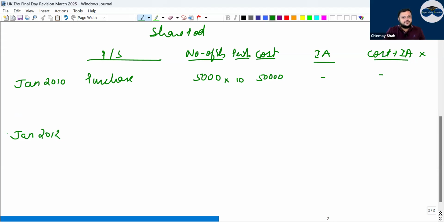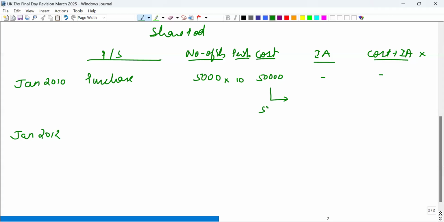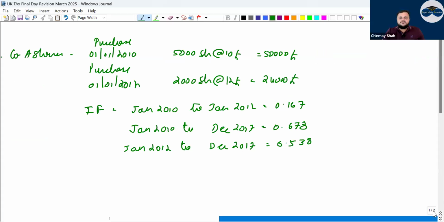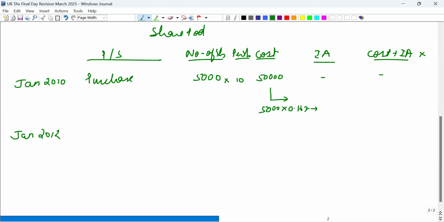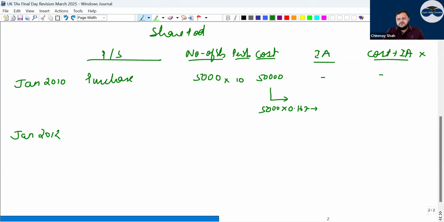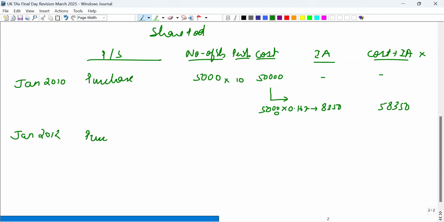Up to 2012, before the operating event, I will calculate the indexation allowance. 50,000 into 0.167 is 8,350. So cost plus IA is 58,350, correct? Now in Jan 2012 there is a purchase.